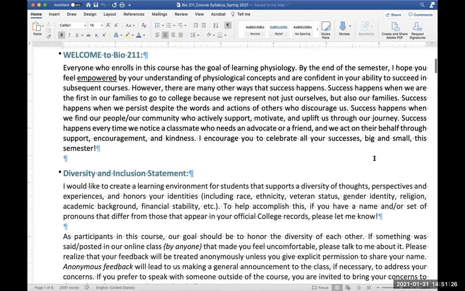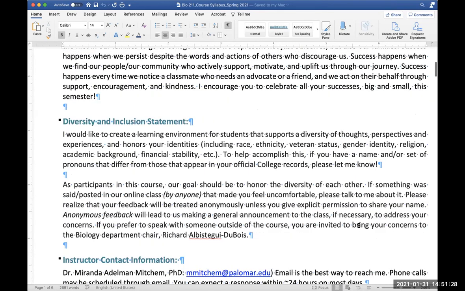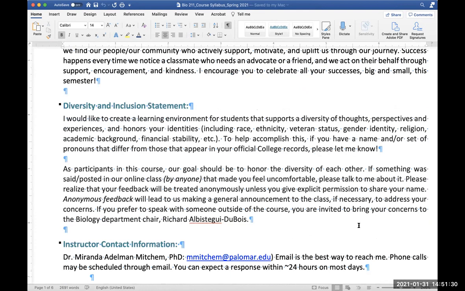First of all, I like to, from the very beginning, address diversity and inclusion, because this is a learning environment, and we all learn better when we're in a respected, supported environment. So that is an absolute expectation and requirement in this course, that we all behave in a manner that creates that positive learning environment, not only for yourself, but for all of your peers.